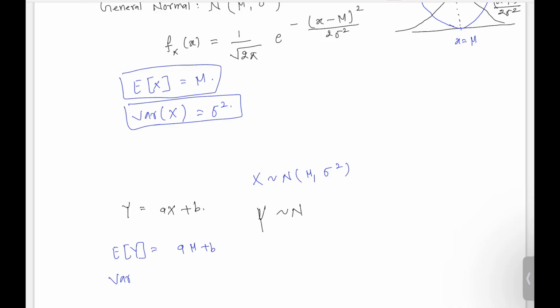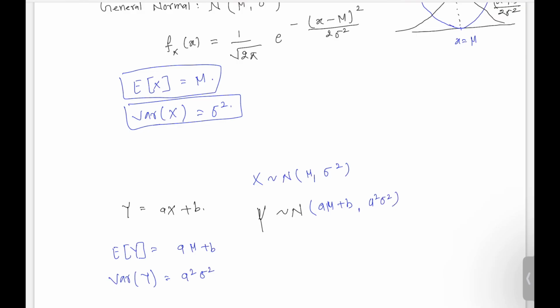What will be the variance? We have seen the property: the variance of Y would be a square times the variance of X, that is sigma square. So this random variable Y will be normally distributed with mean a times mu plus b, and variance a square sigma square.